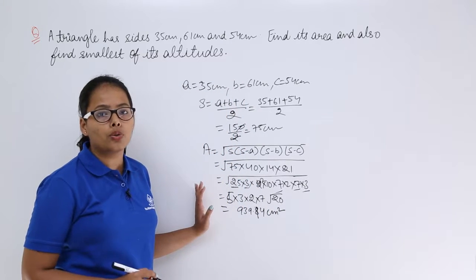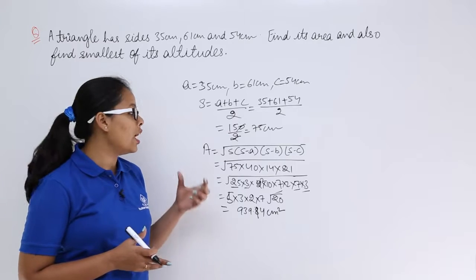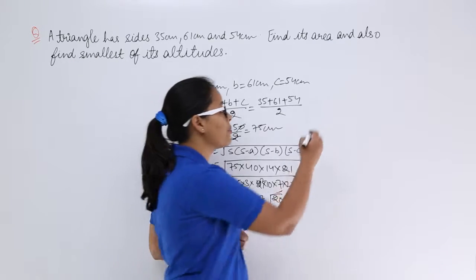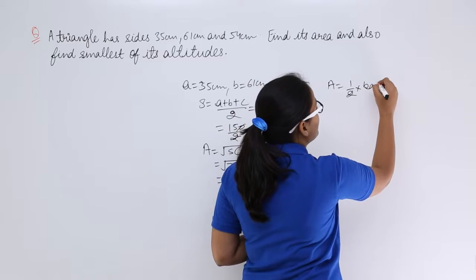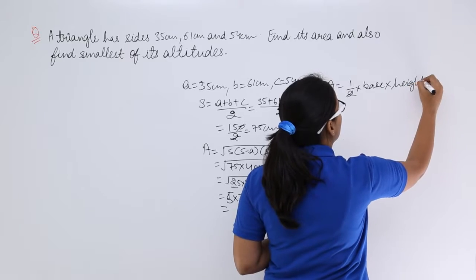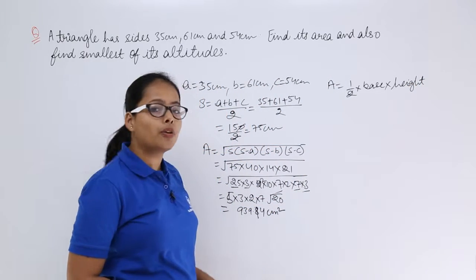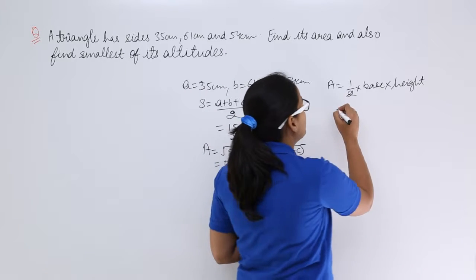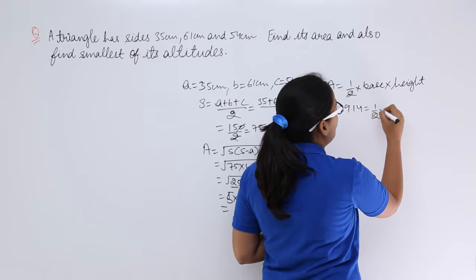Now what you are going to do after this, you are going to apply another formula for the area of this triangle, which is area is equal to half into base into height. You know the area already, which is 939.14. Half into base.